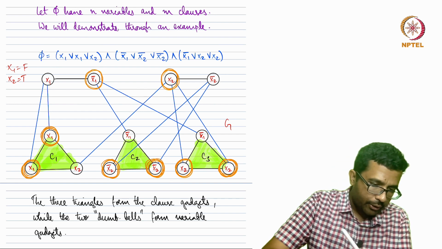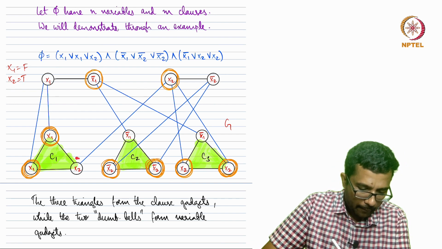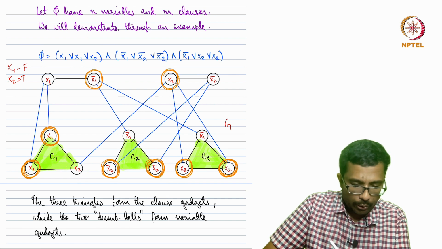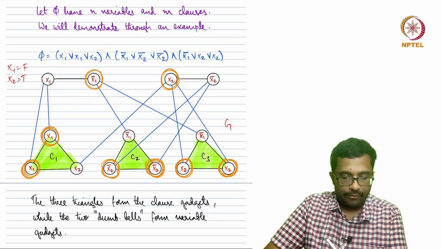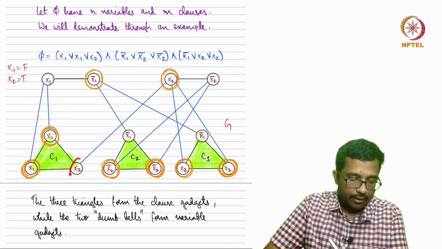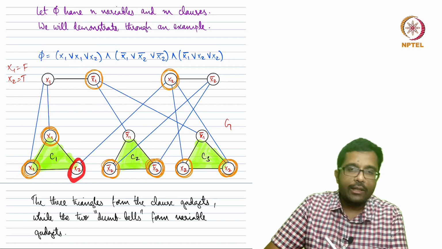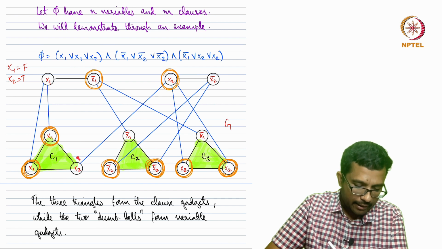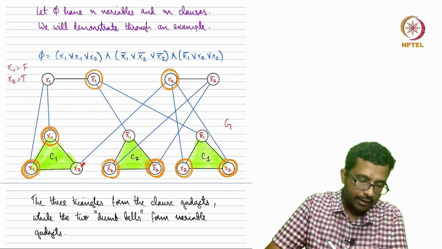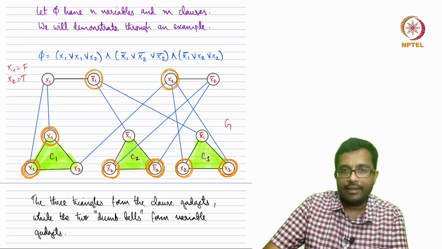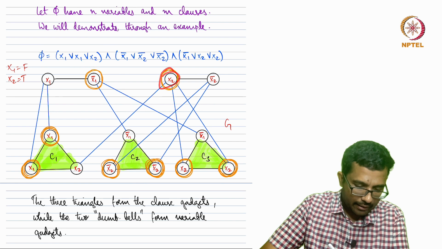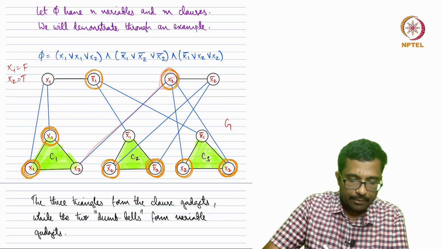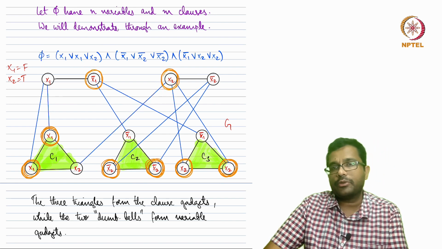So the way to argue this is to look at the vertex that is not picked into the vertex cover from the clause. The claim is that this literal will certainly be true because this edge is not being covered from the clause vertices, it is being covered from the other side, which means this x2 is connected to x2 in the variable gadget, so x2 should be picked, which means x2 should be set to true.